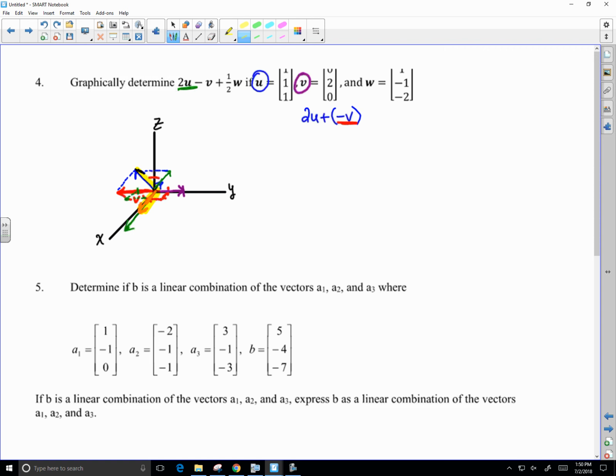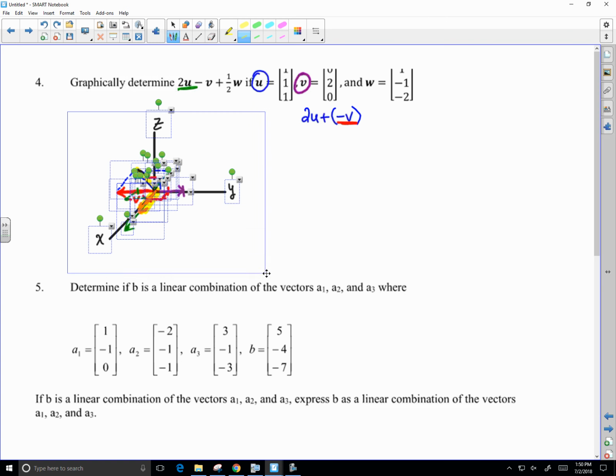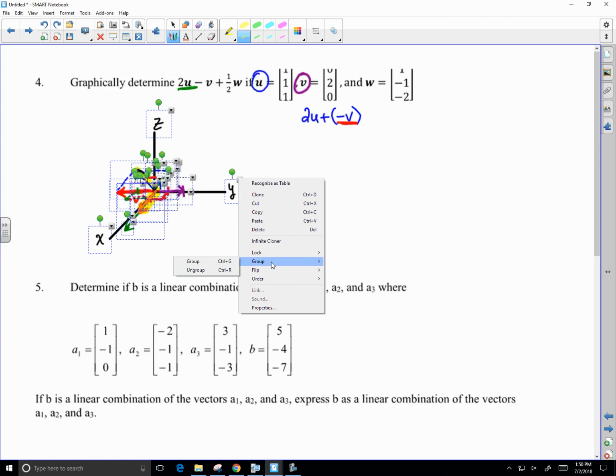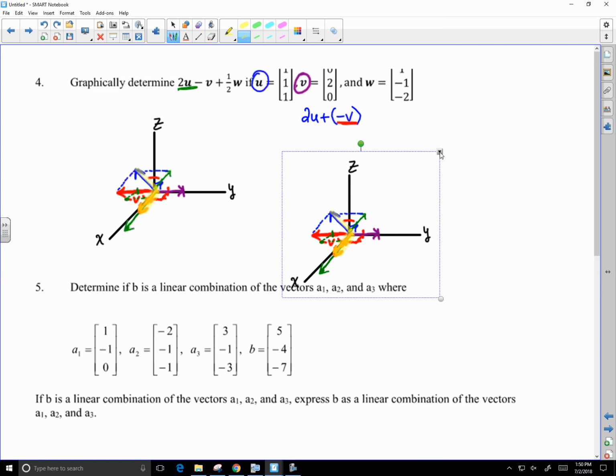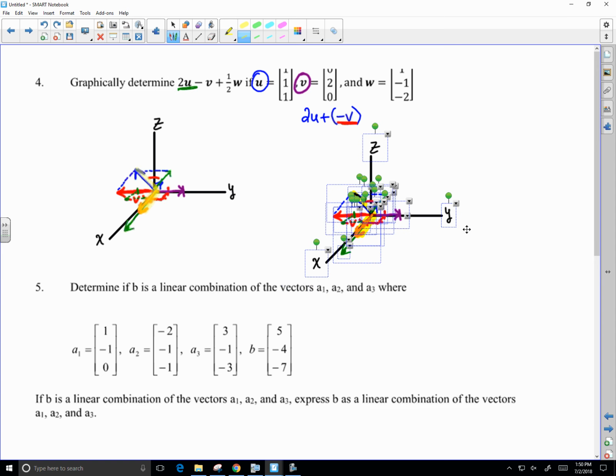Right, so let me just do something. I think I can just clean it up a little bit. That I think I need.